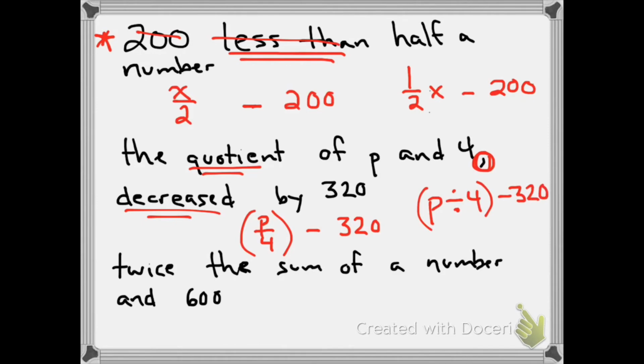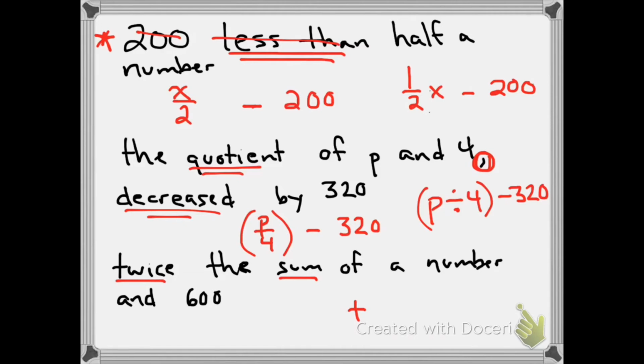All right, and then the last one, it says twice the sum of a number and 600. So the word twice is a little tricky, but the word sum, we should know that that means addition. All right, so with addition, remember with the commutative property, it doesn't really matter the order, but we'll just go right down the line. Twice the sum of a number and 600. So this is where you got to be careful. The sum means the answer in an addition problem.